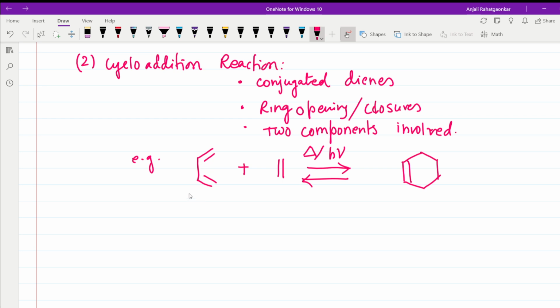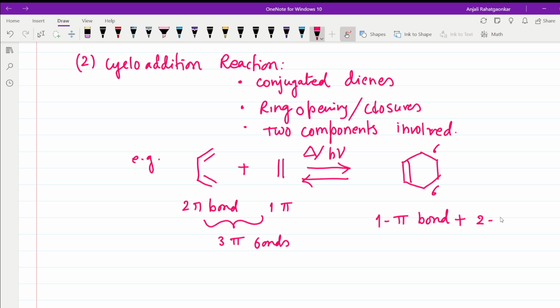There are 2 pi bonds and 1 pi bond over here, so in total there are 3 pi bonds. In the product, how many pi bonds are there? Only 1 pi bond, and 2 new sigma bonds are formed, and 1 ring.